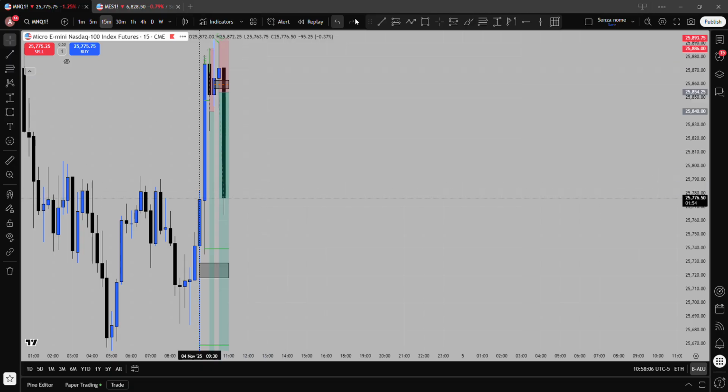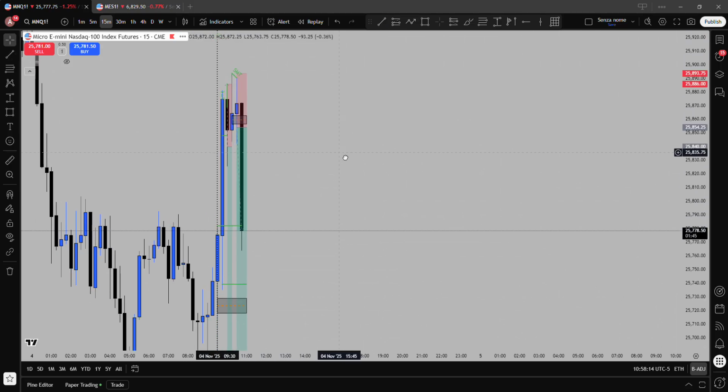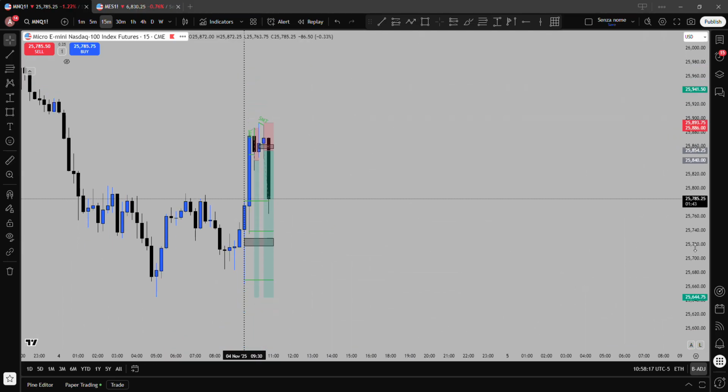If we can close below this high right here in 2 minutes, basically we will get a 15-minute inverse fair value gap that we can use as confirmation.